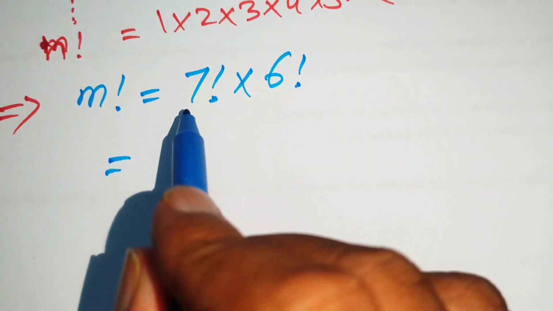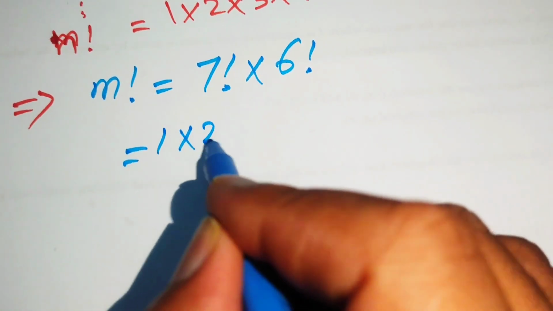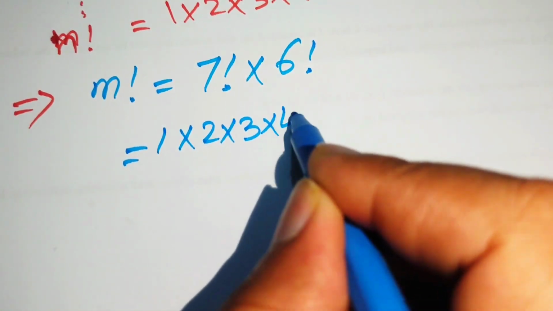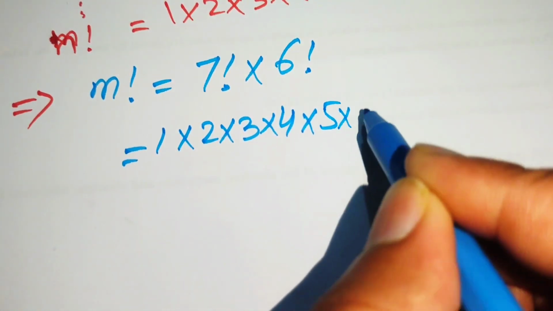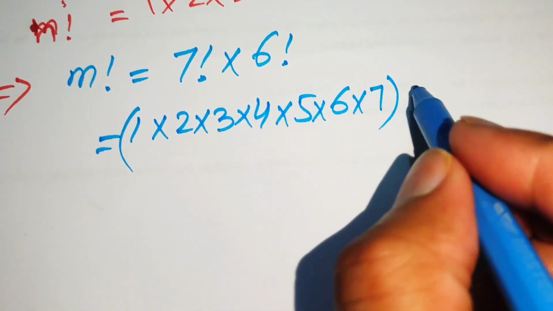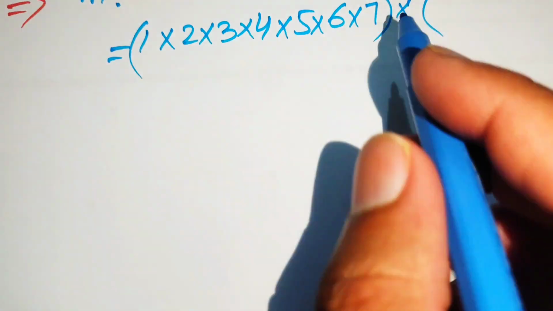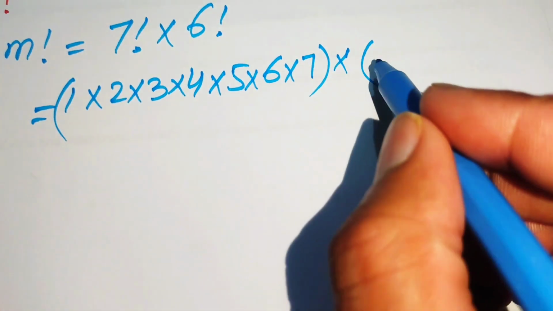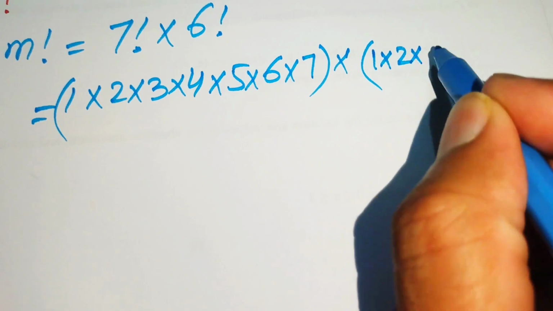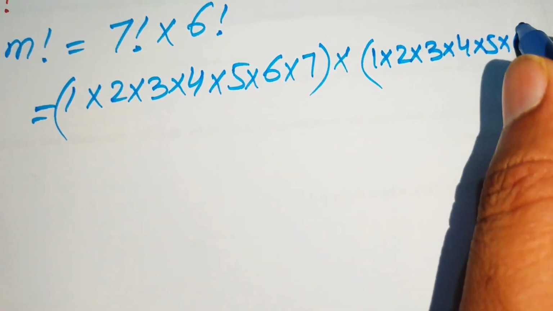Here we put the value of 7 factorial, and we know that 7 factorial equals 1 times 2 times 3 times 4 5 6 and 7, multiplied by 6 factorial, and our 6 factorial equals 1 times 2 times 3 times 4 5 and 6.